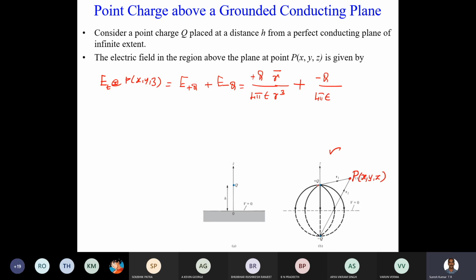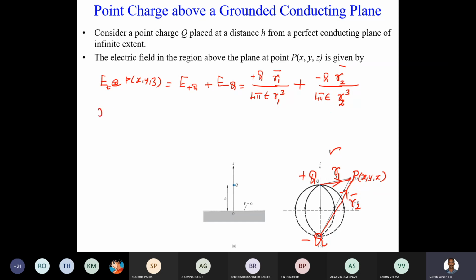There are now two charges, Q1 and Q2, a positive charge and a negative charge. The vector connecting the positive charge and the point P, let us take as R1 vector, and this is R2 vector. Let us replace this with R1. Now the distance between the negative charge and the observation point is R2, over 4 pi epsilon, R2 raised to 3.